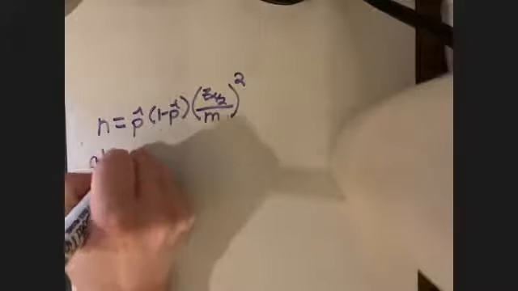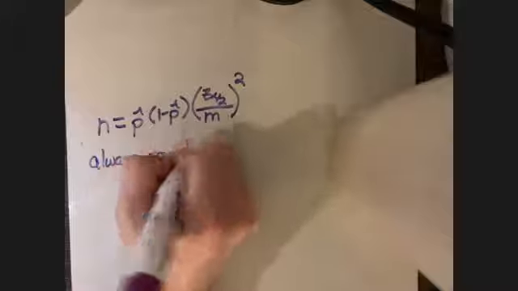So this formula, there we go, it's going to be p hat times 1 minus p hat times z sub alpha over 2 over m, all squared. Okay. So this is your, and again, always round up. Okay. Always, always, always round up.